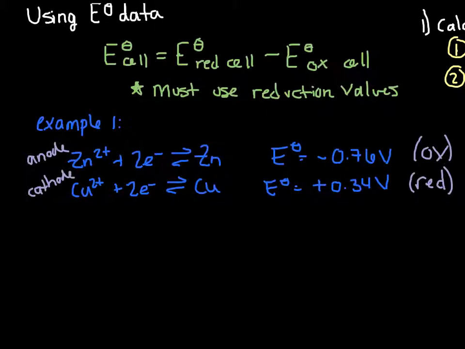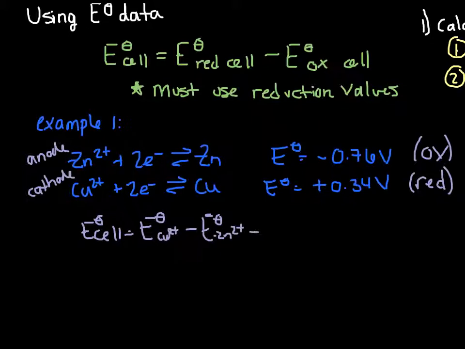Now that I have determined which one's oxidized and which one is reduced, let's calculate the cell potential difference that is going to occur and what our voltmeter is going to read. So keep in mind that we have E cell equals our reduced cell, so that's copper, minus our oxidized cell, which is zinc.